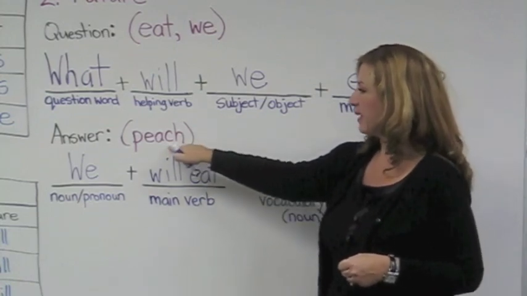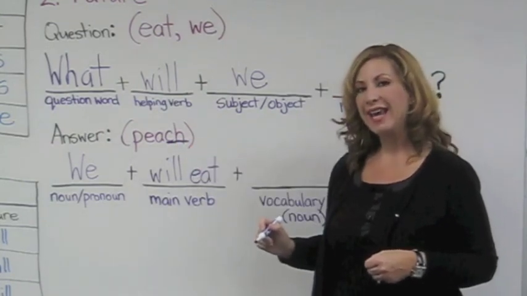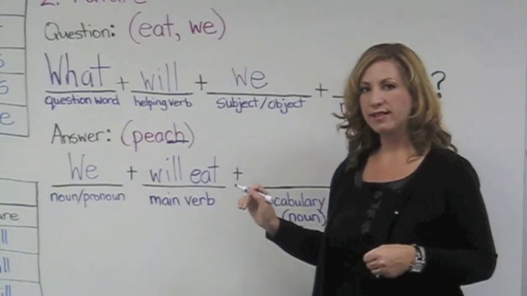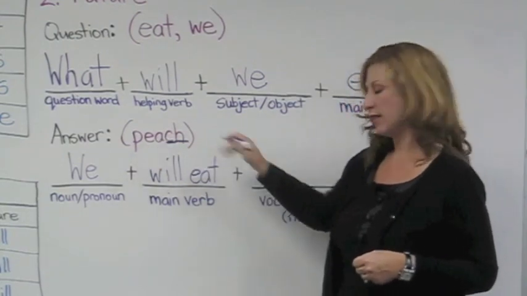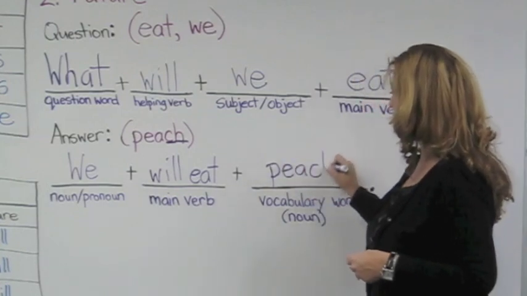In this case, because it ends in a digraph, we need to add es. Now, that is a rule, again, that is demonstrated in Steps to Success, Volume 1. So it would be peaches, because that means it would be more than one.